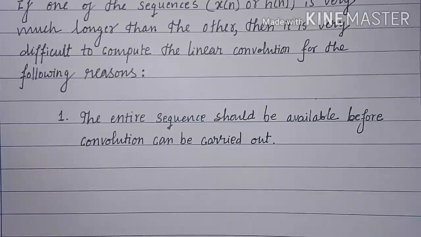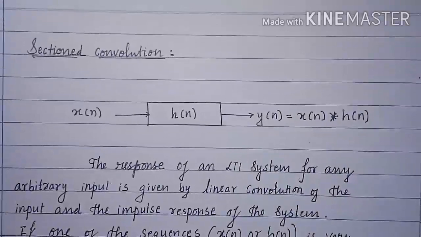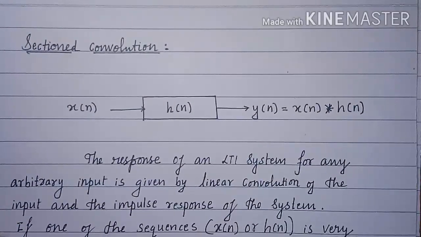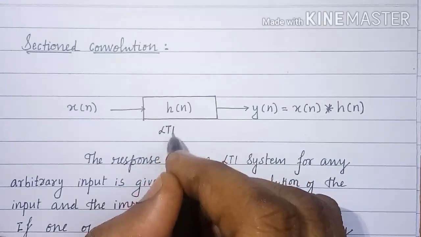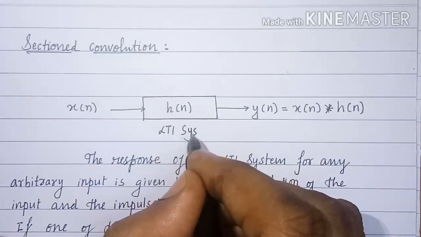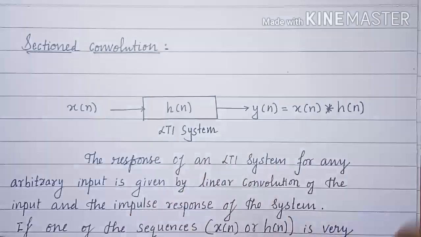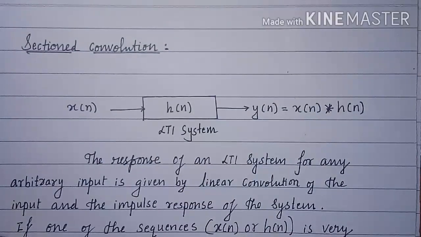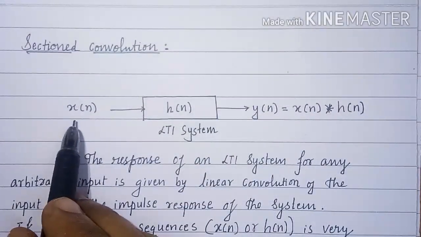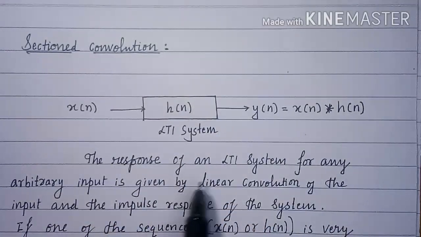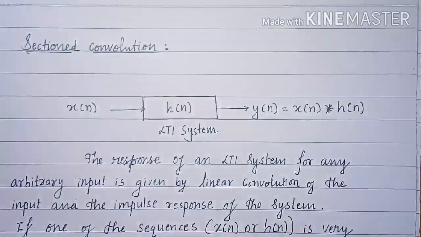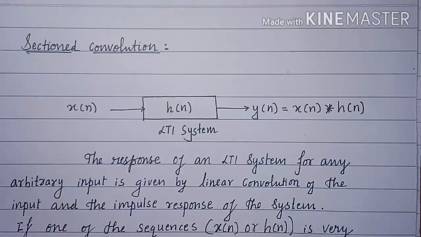What does it mean? Let us say the LTI system considered is a real-time system. That means the input will be coming continuously and the output will be produced continuously.